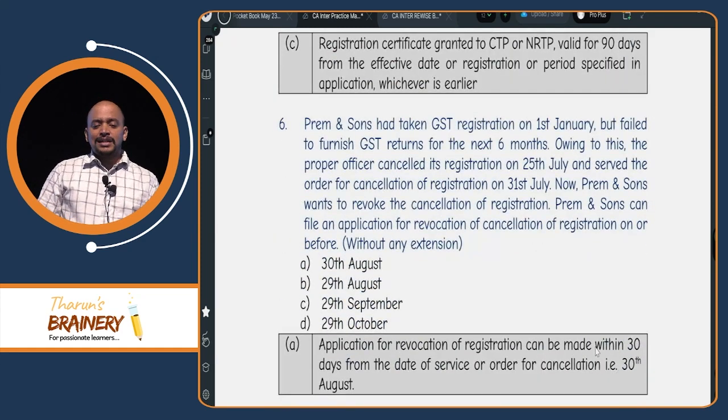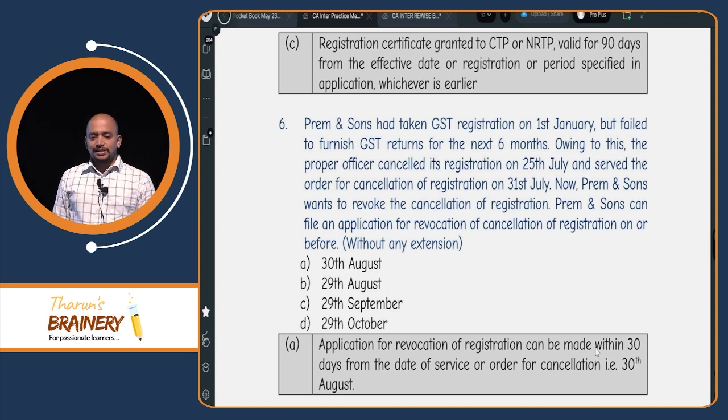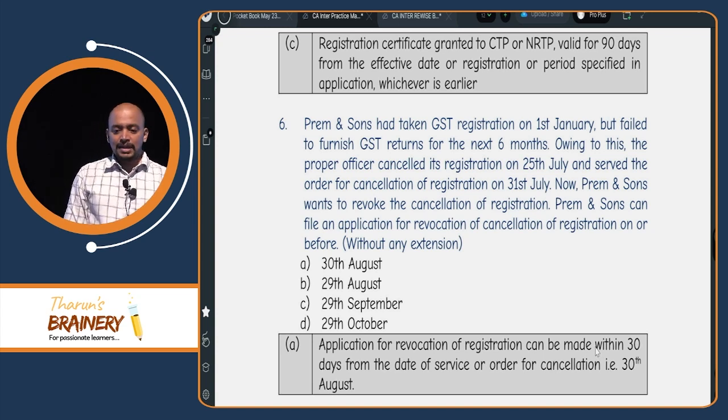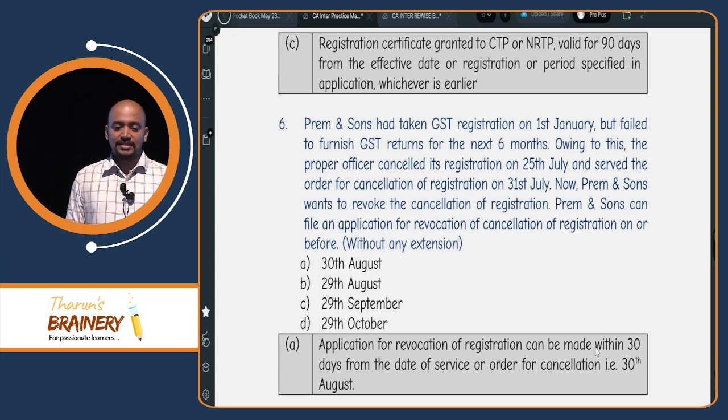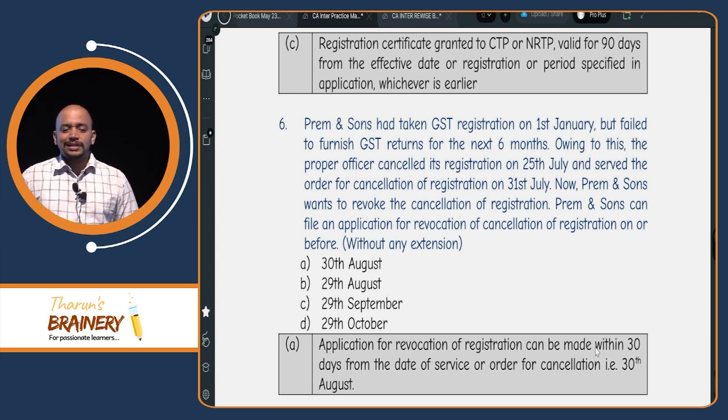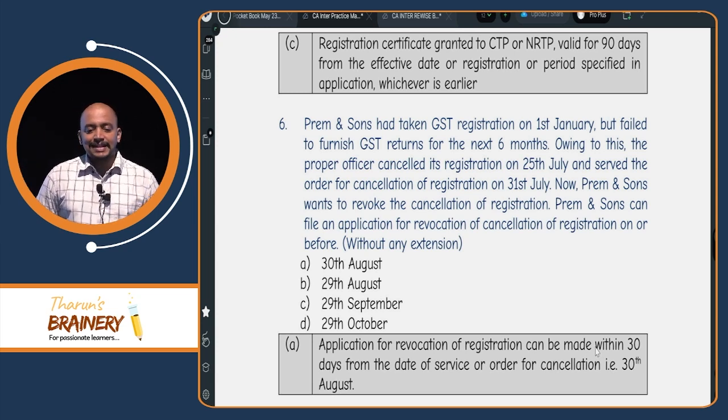Then Prem and Sons has taken GST registration on 1st January but failed to furnish GST returns for the next 6 months. So 6 months they have not filed returns. Owing to this, the proper officer cancelled its registration on 25th July and served the order of cancellation on 31st July.